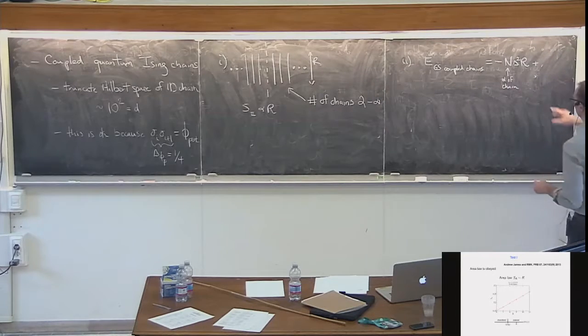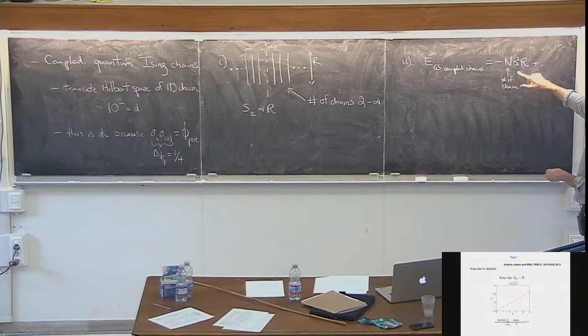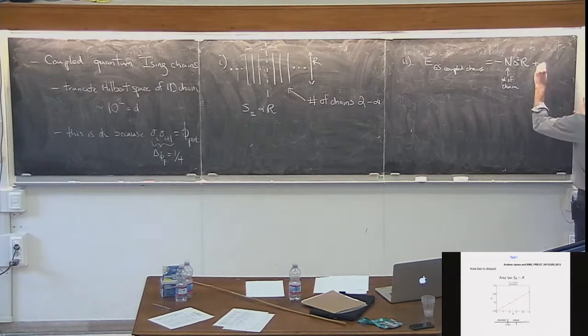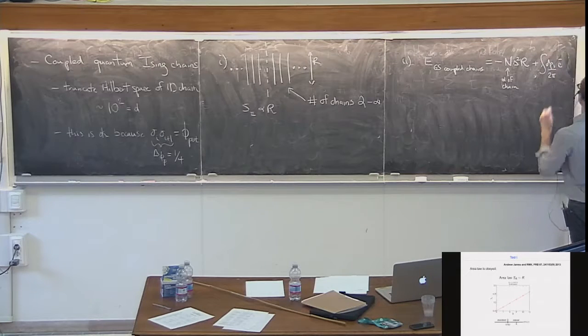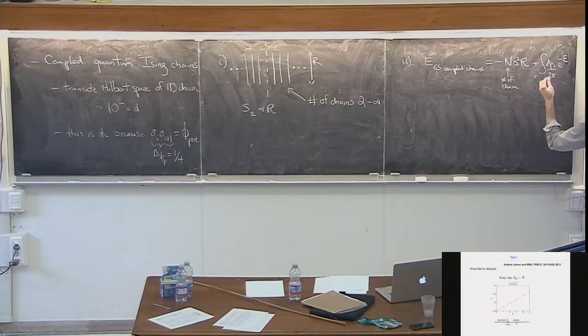And so that means you can just take what you know from one-dimensional field theories, and you know what the form of the ground state energy is, which has the vacuum energy density, and then a correction that's exponentially suppressed in chain length.